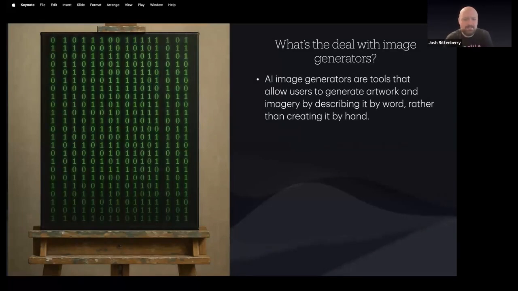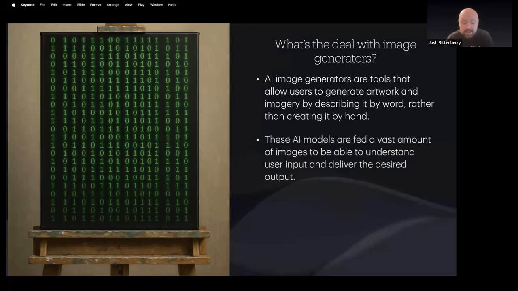So, what's the deal with the AI image generators? They're tools that allow you to generate artwork, but instead of having to do it by hand or by mouse or drawing tablet, whatnot, you describe it. The way they work is that these AI models, instead of learning through being fed text data, through words and whatnot, are trained to study pictures to deliver the desired picture that you describe.